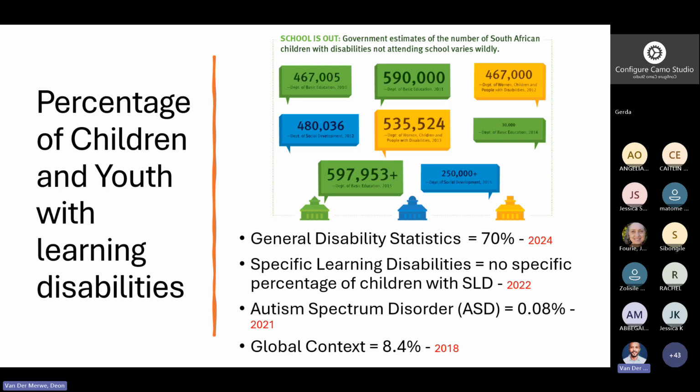And so we need to be conscientized about the absence of data within the context of South Africa, but also the reality of what you as teachers are currently engaging with within the different contexts that you find yourself.